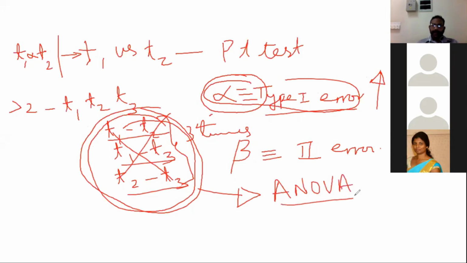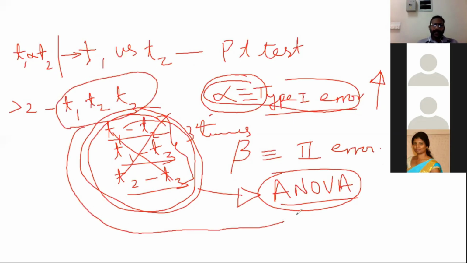We introduced ANOVA during our first course. So we can put these three treatments into the basic design, which is the first design we are learning, complete randomized design, CRD.